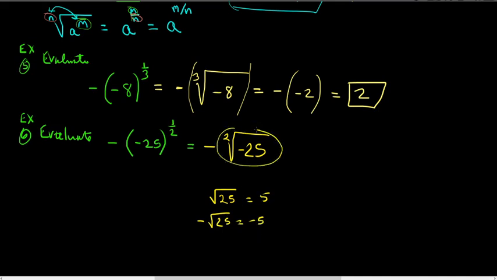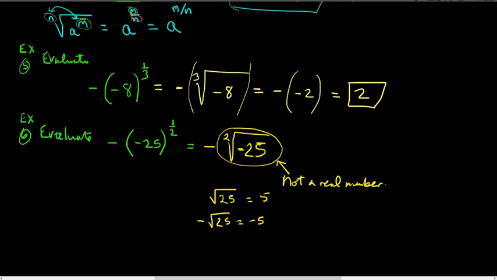But remember, this thing here, the square root of -25, because the index is even and you're taking the square root of a negative number, is not a real number. It's an imaginary number.